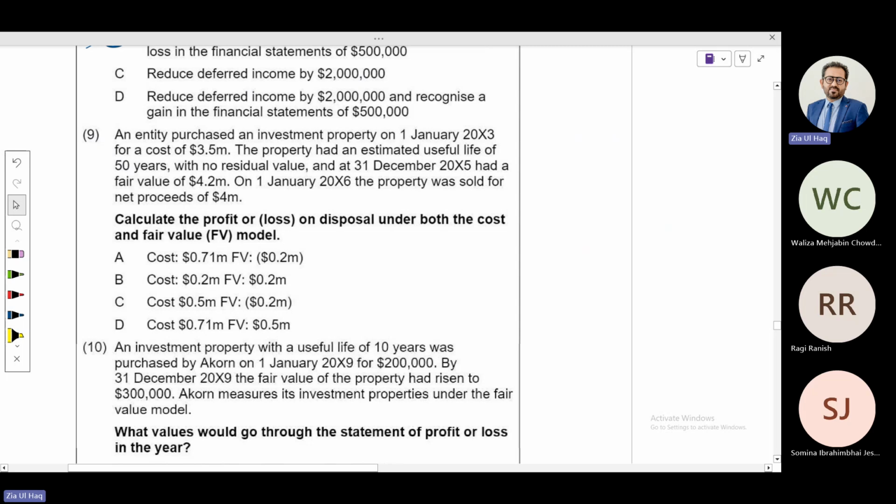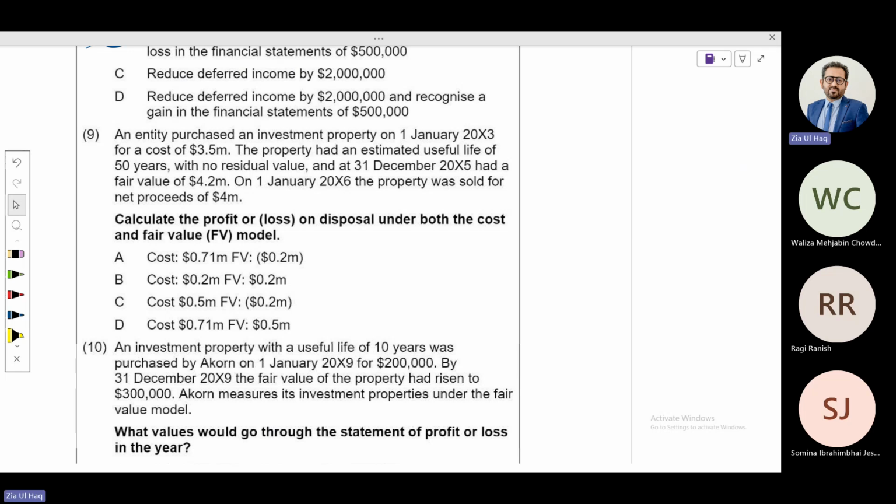An entity purchased an investment property on 1st January 20x3 for a cost of 3.5 million. The property had an estimated useful life of 50 years with no residual value. This means if a company is recording on cost basis, there should be depreciation.